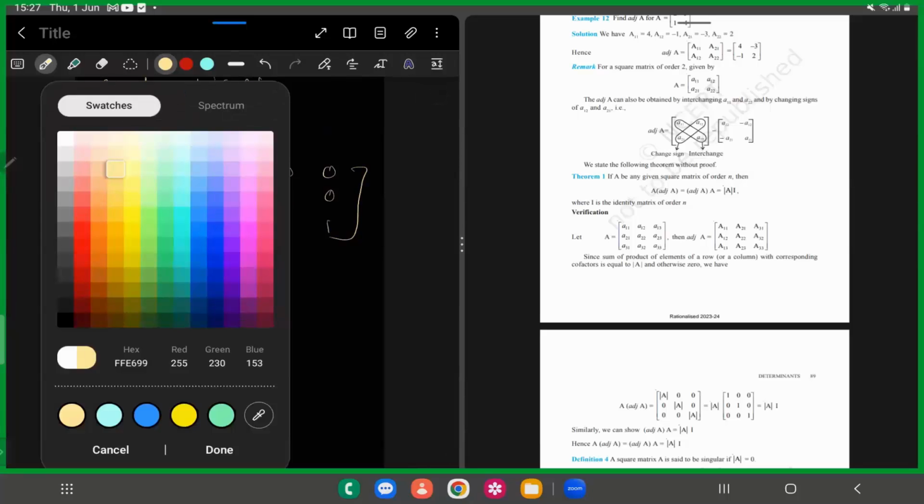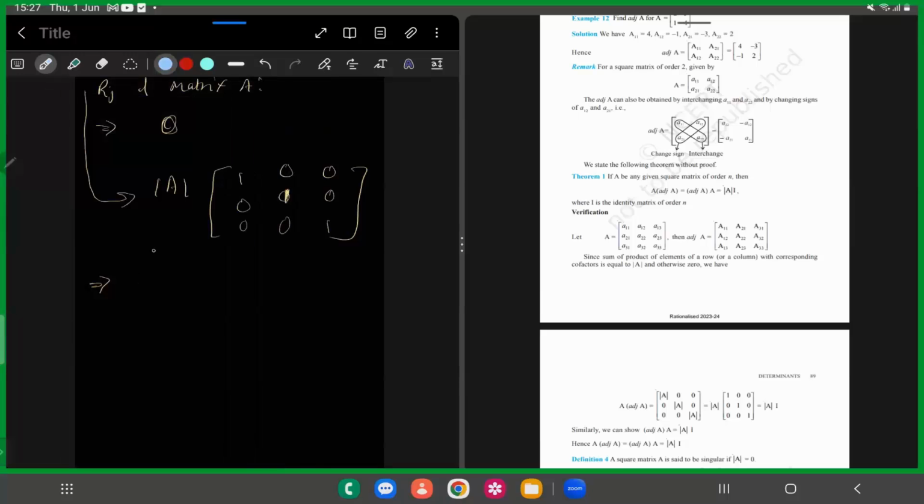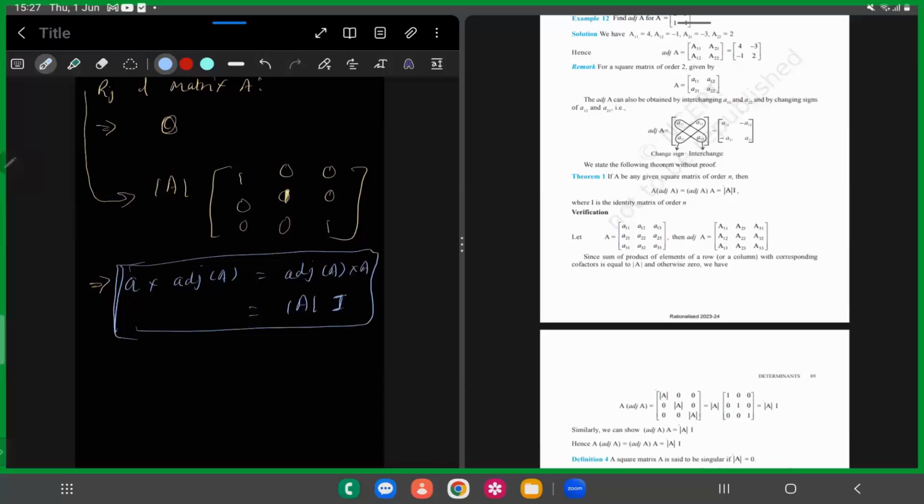If I sum up the complete description in text form, the property is that A into adjoint of A is equal to adjoint of A into A, which is equal to determinant of A times I. This is an important property because a lot of properties are derived from this result, so you will have to remember it at least.